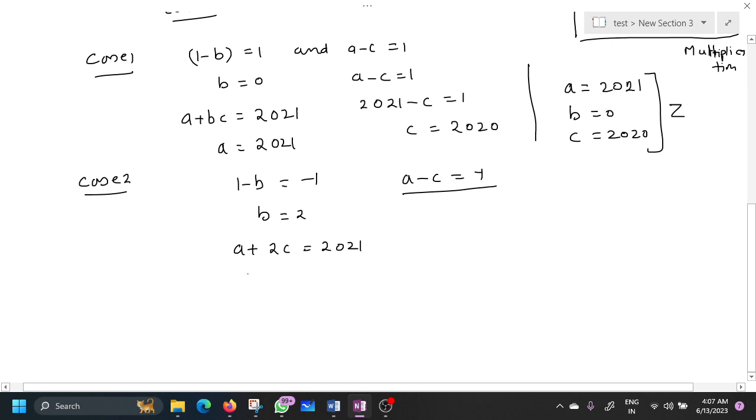So we can write a minus c is equal to minus 1, and we subtract these equations, minus plus plus, this will cancel. So 3c is equal to 2022, c is equal to 2022 upon 3.